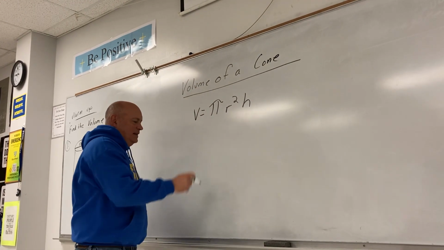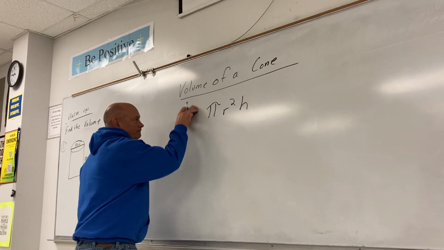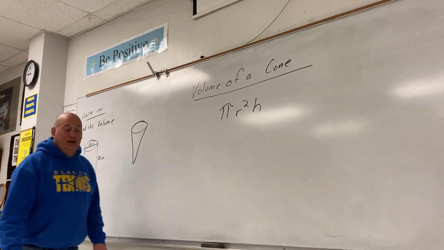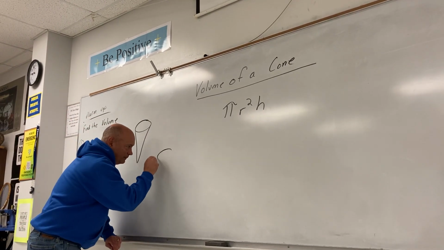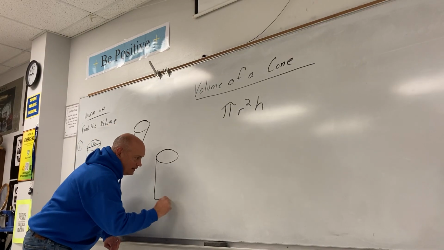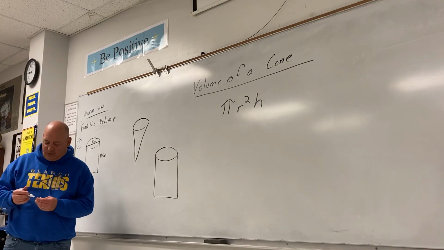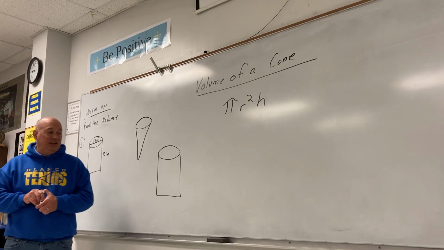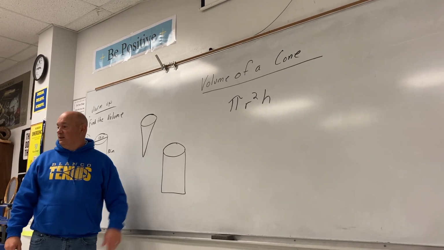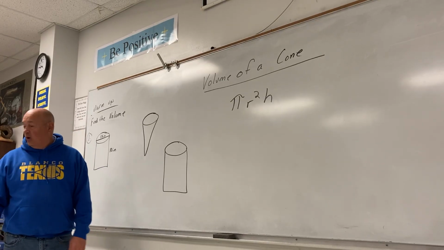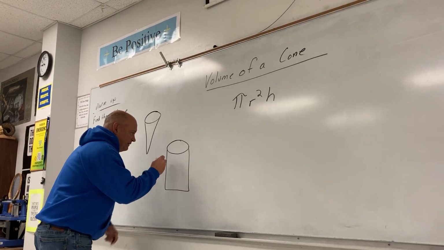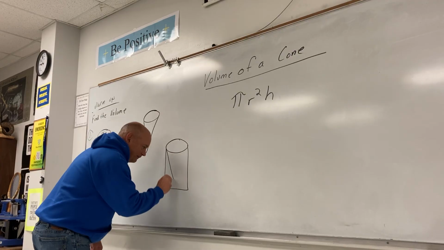And before I get to the equation, let's talk about how many cones will fit inside of a cylinder. Let's take a guess. How many cones do you think will fit in a cylinder? One? Well, there's definitely one right here in the middle.